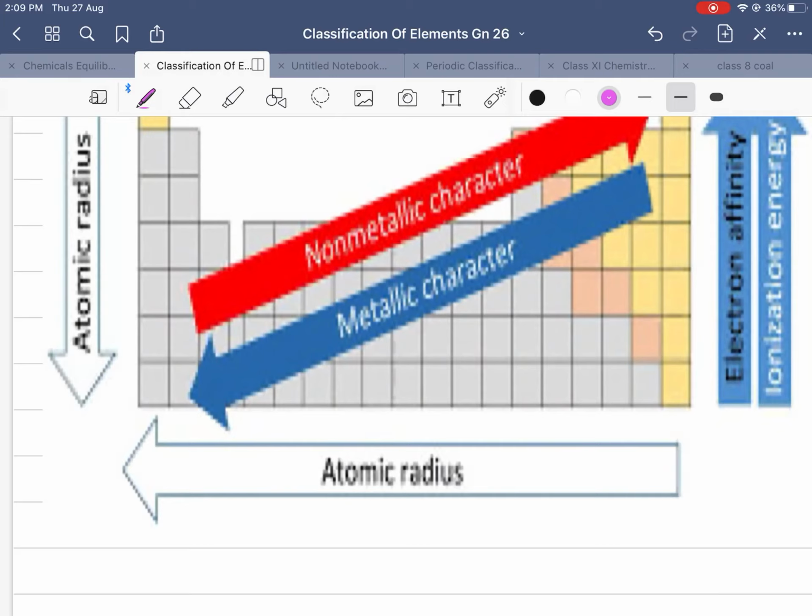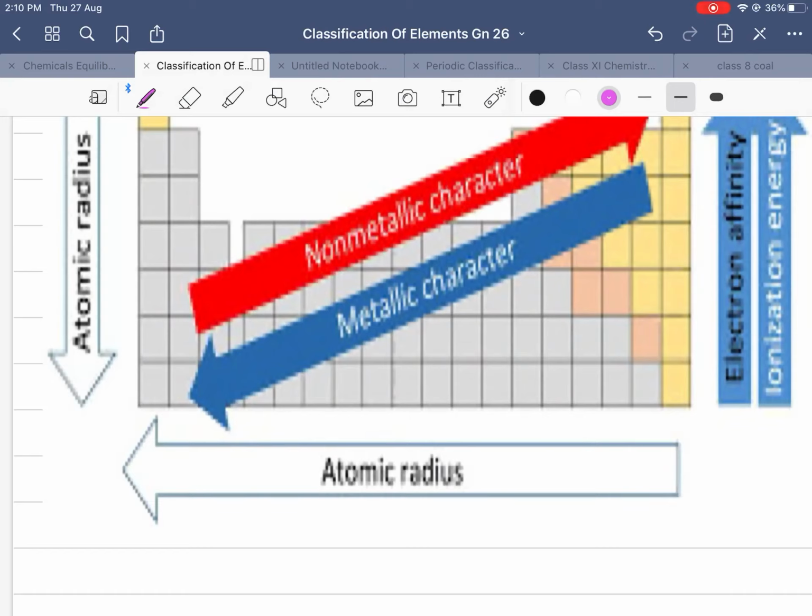Most oxides are classified as acidic or basic, depending on whether they produce acids or bases. The oxides of third period elements show that the metallic character of elements decreases from left to right across the period, and their oxides change from basic to amphoteric to acidic.